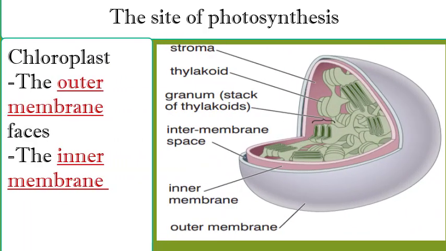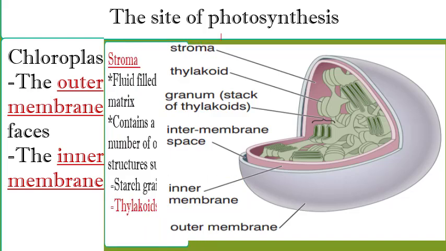Chloroplasts are double-membraned organelles which have the outer membrane that faces the cytoplasm of the plant cell on one side and the intermembrane space of the chloroplast on the other side. And chloroplasts have the inner membrane that separates the narrow intermembrane space from the aqueous interior of the chloroplast, what we call the stroma.